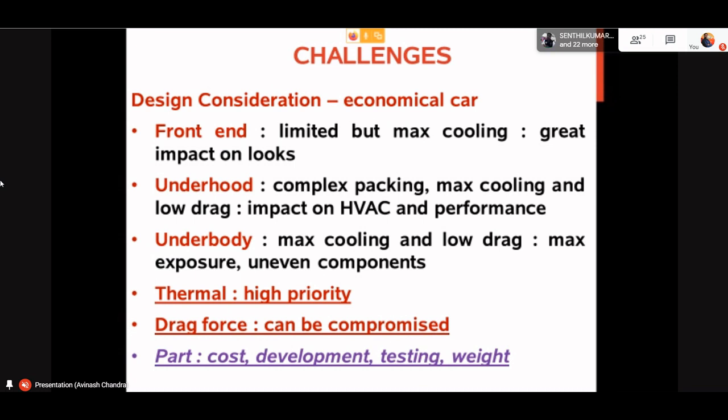Now, underbody components, because the exhaust is open to the air, and some part of the engine also, if we talk. So the oil pan of the engine, which is in the engine bay, is directly exposed to the air, so you need maximum cooling for that. For the exhaust, you cannot provide any other means of cooling.